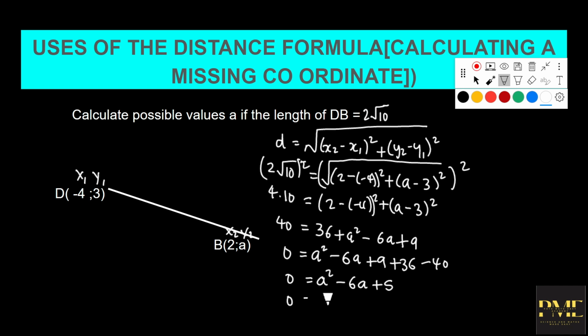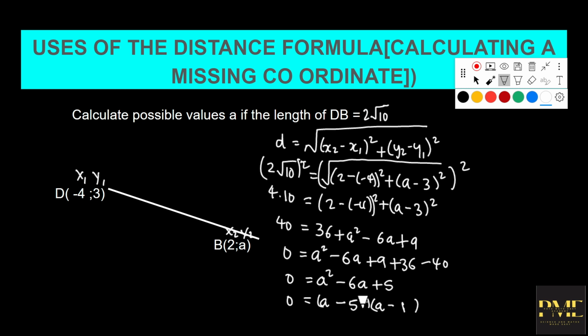So we'll have 0 equals two sets of brackets, with a and a. Since we have a positive there, the signs are the same, and because the middle term is negative, both will be negative. The factors of 5 that add up to 6 are 5 and 1. Because the signs are the same, it doesn't matter where we place them.